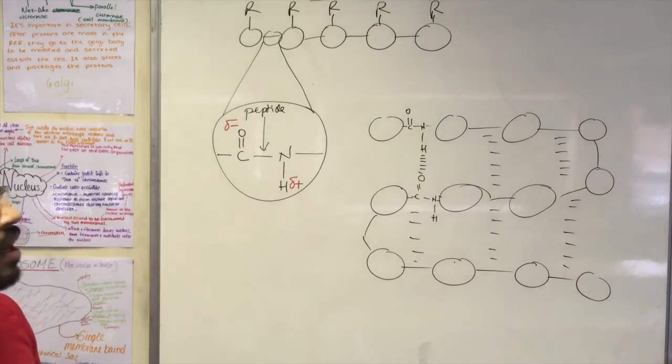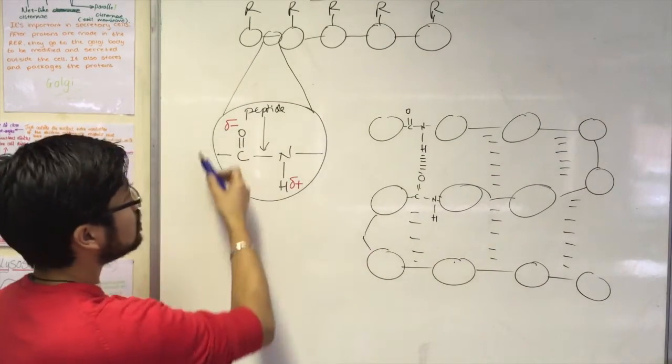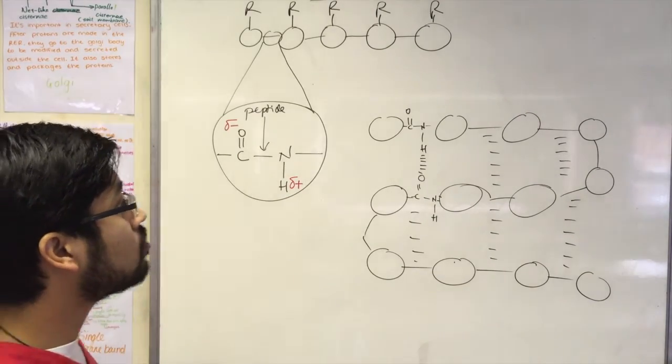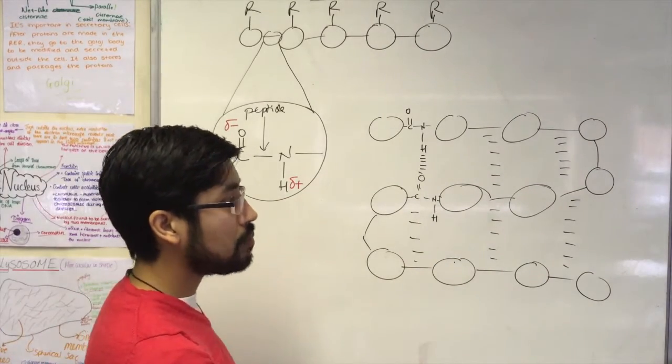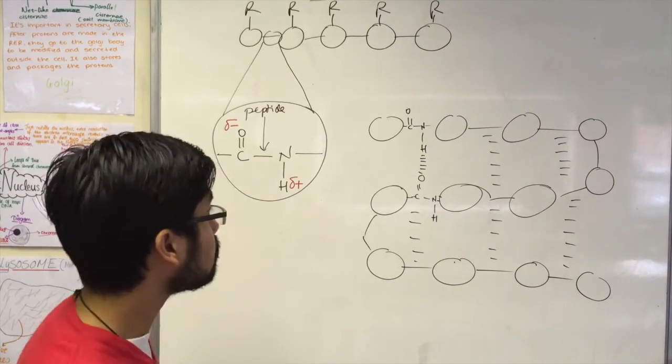So again, another different type of secondary structure, but again, it's still the peptide group and the hydrogen bonding between the atoms of the peptide group that are responsible. But it's just a different arrangement of the polypeptide chain in order to make that happen.